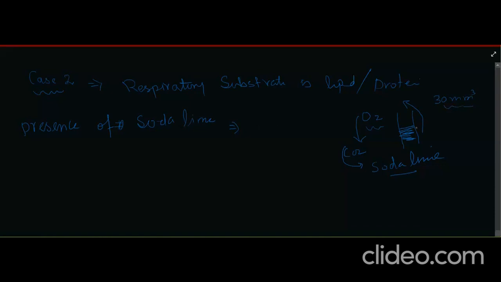So it means that for this volume of oxygen utilized, this amount of carbon dioxide should be absorbed by soda lime. So oxygen is equal to what? Carbon dioxide. So X is equal to X. I have to put this in the RQ formula.